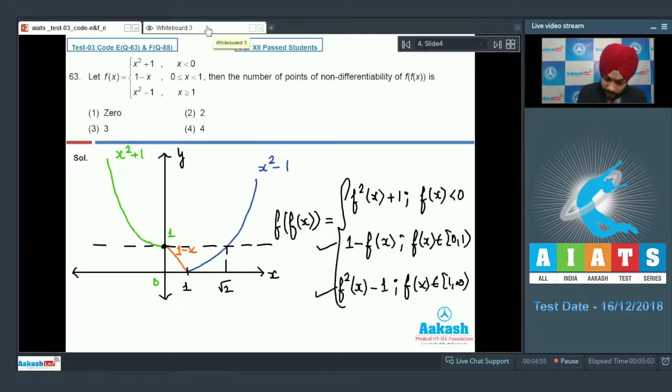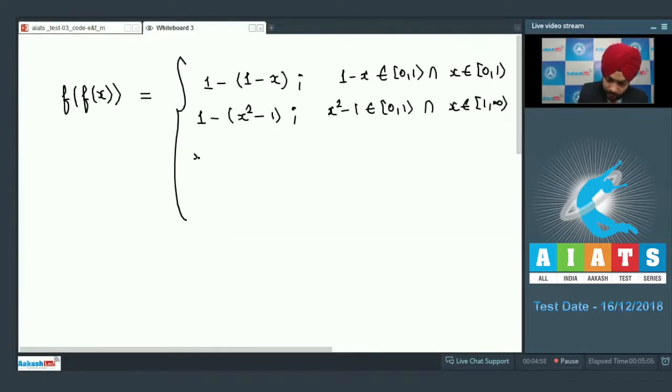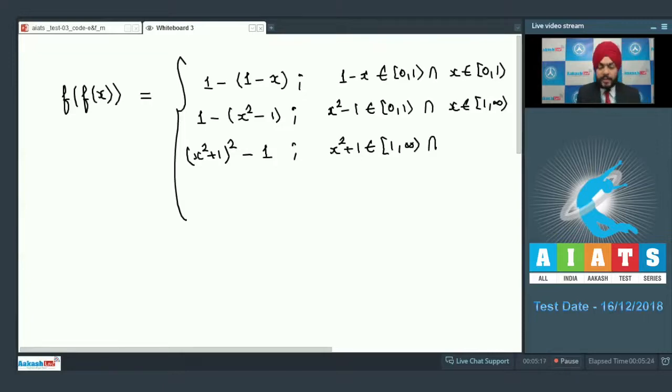So first definition will be x square plus 1 whole square minus 1. X square plus 1 should belong to 1 to infinity, and f(x) is equal to x square plus 1 when x is negative. So x belongs to minus infinity to 0. Then second possible definition, 1 minus x whole square minus 1. So over here 1 minus x will belong from 1 to infinity.